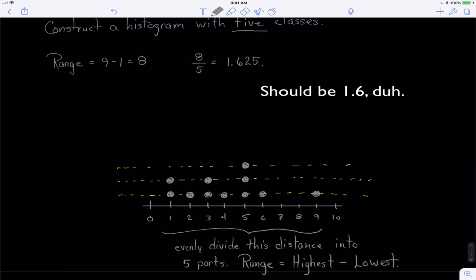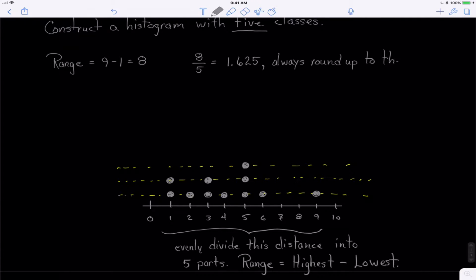The problem is that if we use 1.625, then it's hard to figure out where to start and where to put each marker to divide these into groups. So here's what we do for a workaround. We always, I'm going to put comma, always round up to the next value as the data.